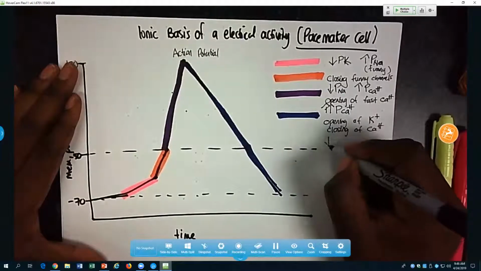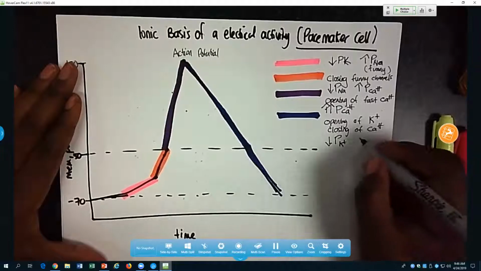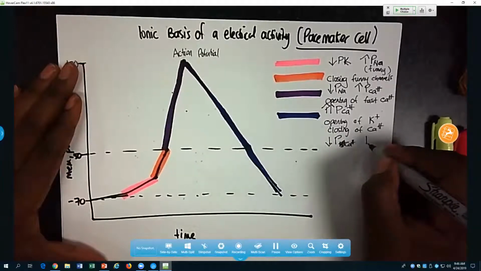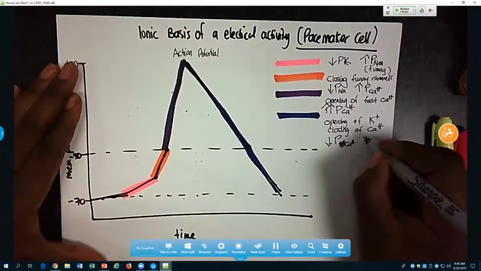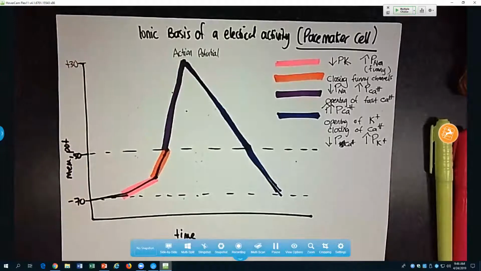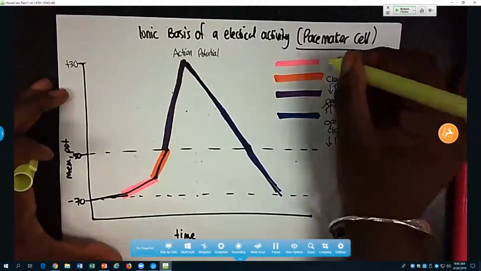So we have the decrease of the membrane permeability to calcium, and then an increase in the membrane's permeability to potassium. Okay. Let's highlight these important ones.